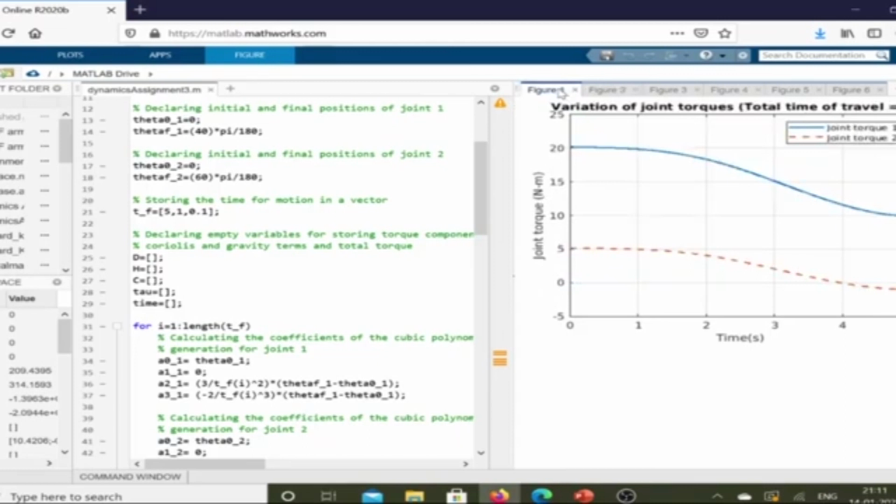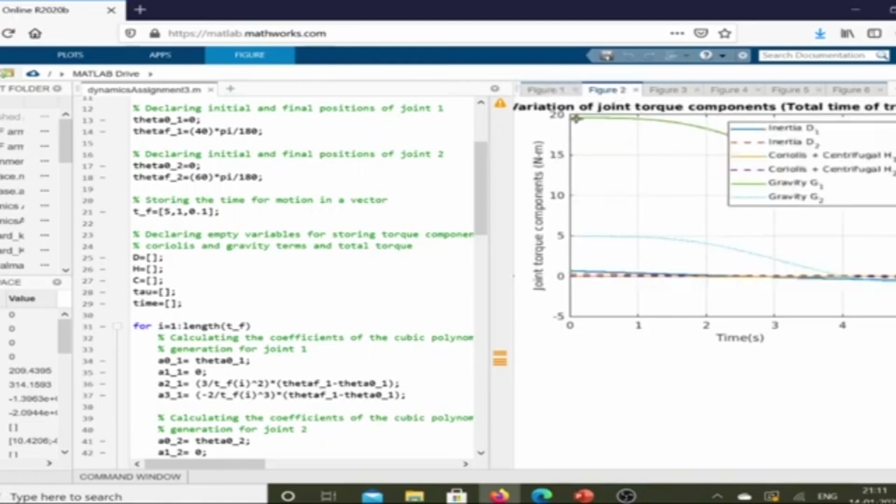Now let's look at figure 1, which gives us the total travel time of 5 seconds. If you look at the components of the torque, the first is 20 and the second is 25. Okay, so that is what is giving us the total torque. Here it is slightly less than 20.